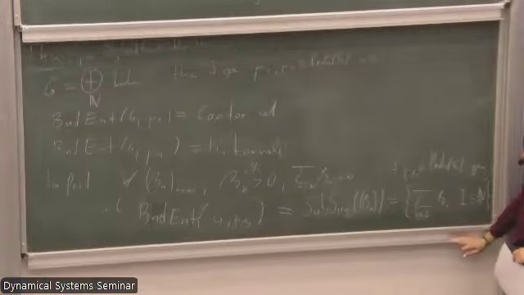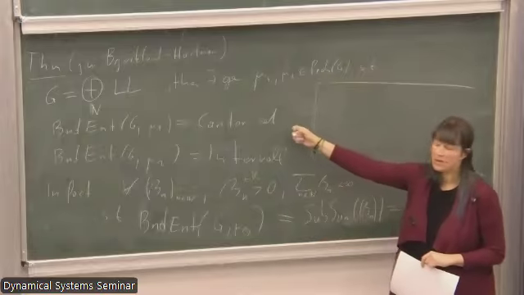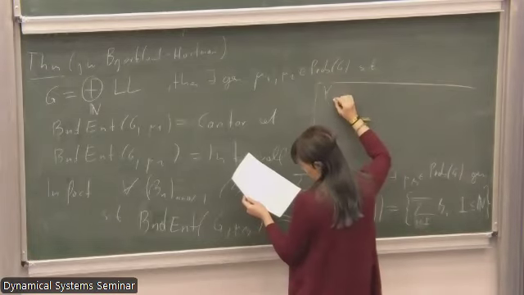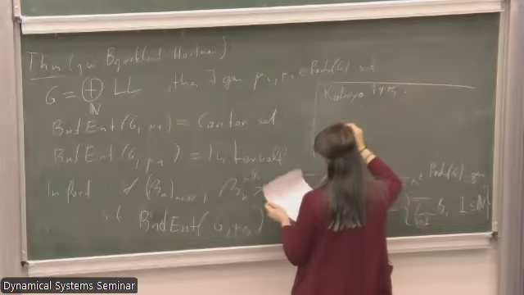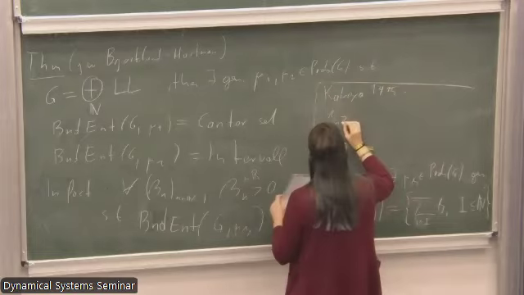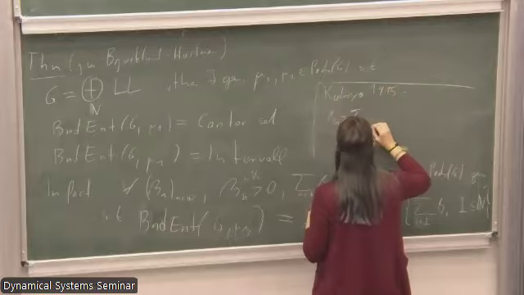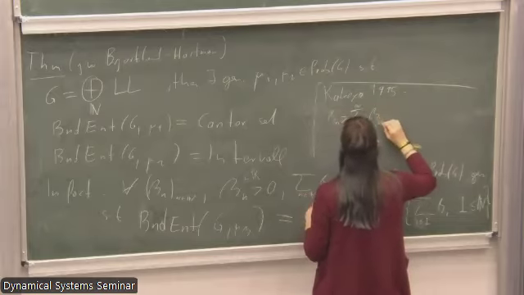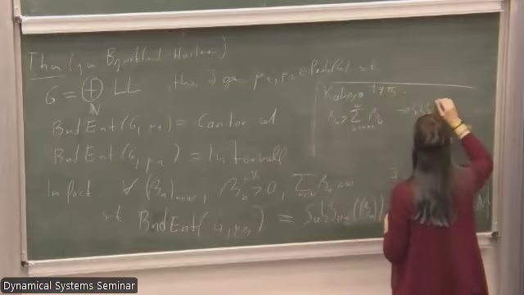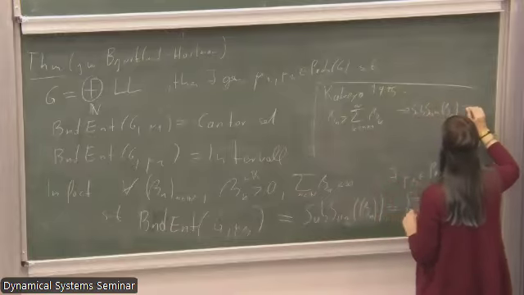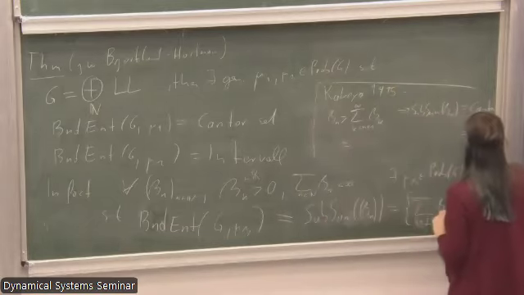So how to get from here to here? There is an old result of Kakeya from 1915, which says that if beta n decreases, and if the rest, the sum of beta k from k equals n plus 1 until infinity, is smaller than the previous term beta n, then the subsum set of this beta n is a Cantor set. If it's smaller or equal, then we get an interval.